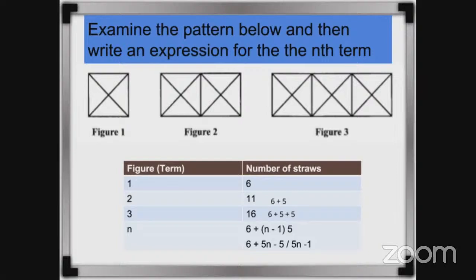How many straws are you seeing in figure 2? Or better yet, since I have so much information on the slide, how did we end up with 11 straws? Every line represents one straw.